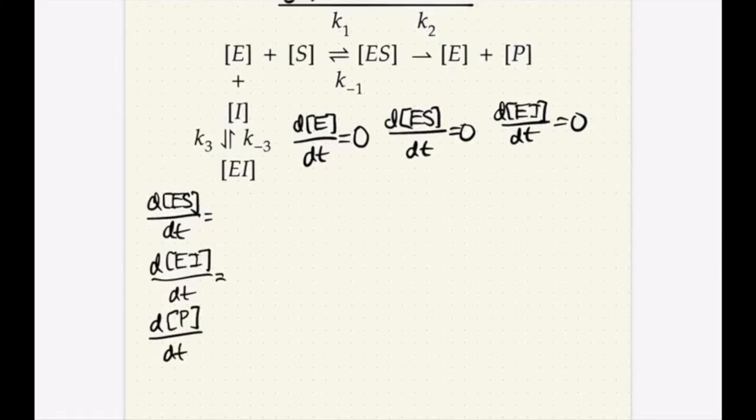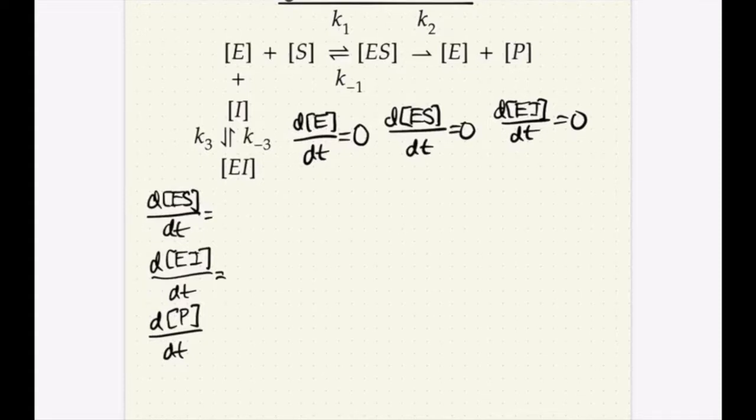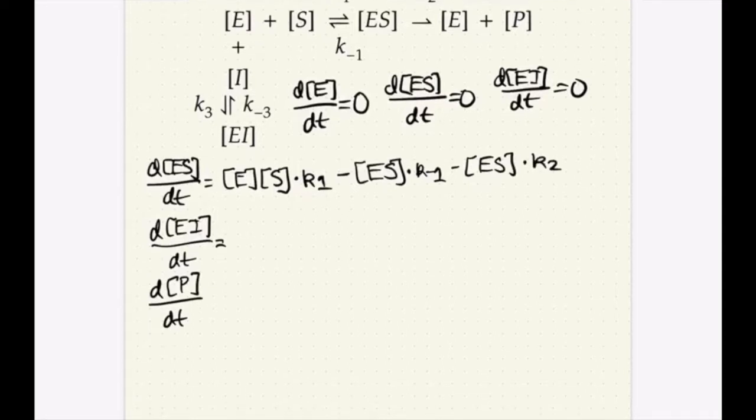So for enzyme substrate complex concentration changes over time, we're going to have the rate of association, which is the enzyme concentration times the substrate concentration times the K1 parameter. We're going to be subtracting the rate of dissociation, so it's going to be the enzyme substrate complex concentration times the K-1 rate parameter, as well as the enzyme substrate complex concentration times the K2 rate parameter.